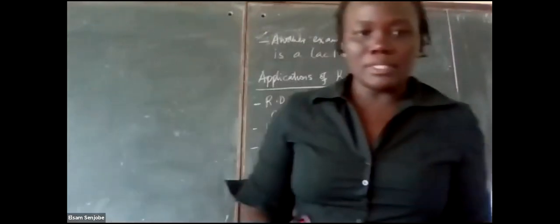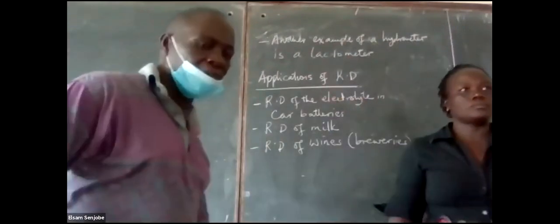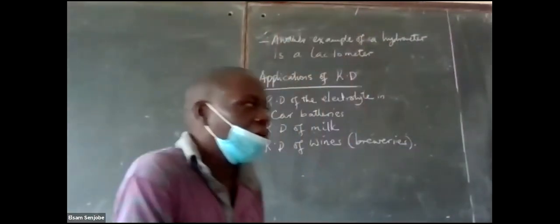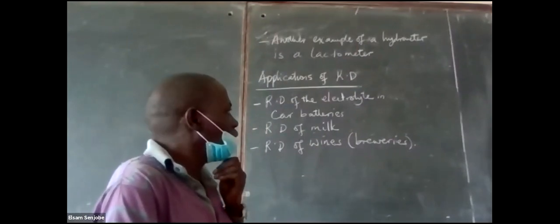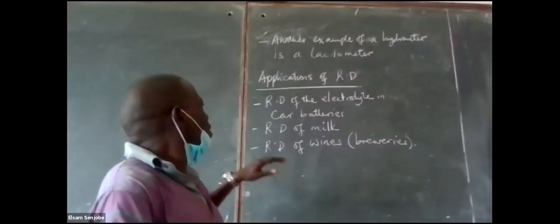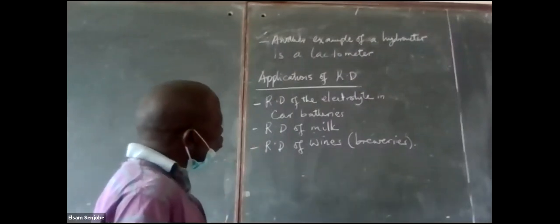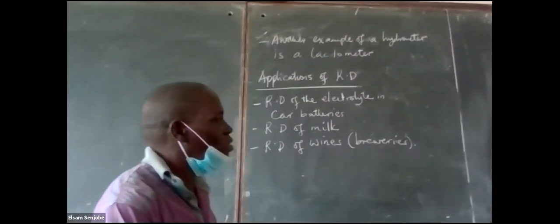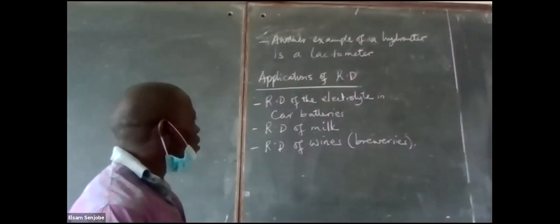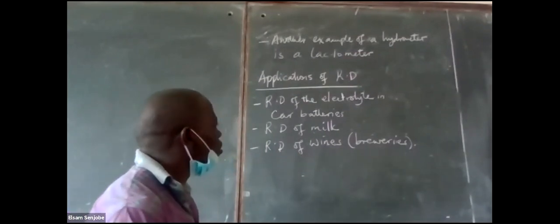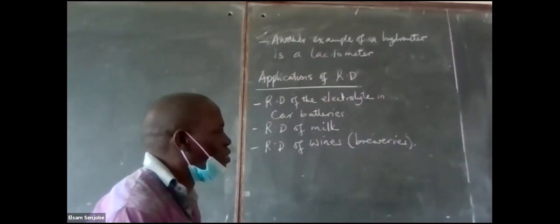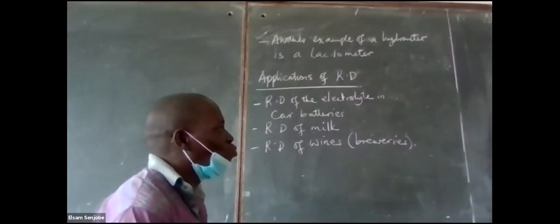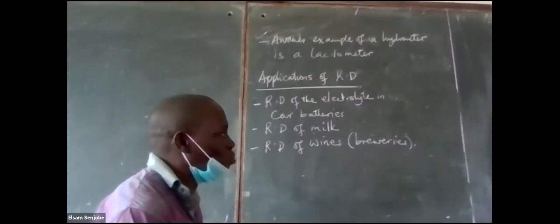Mr. Sanjewa is going to supplement. Good morning, girls. That instrument, the hydrometer, measures relative density. And its most common use, like Mr. Chakonye was introducing, is to measure the relative density of the electrolyte that is placed in a car battery to see whether your battery is still functional or not.